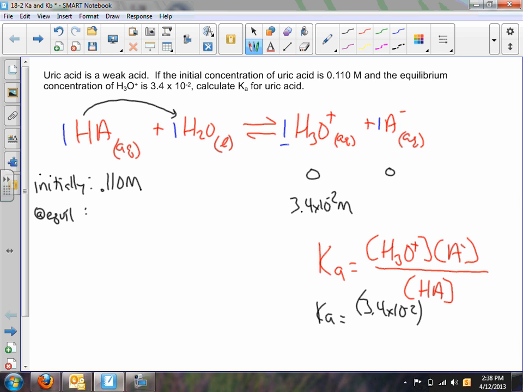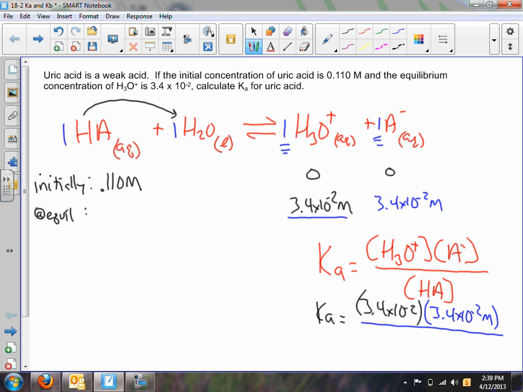So if my hydronium was 3.4 times 10 to the negative 2, the A minus should also be 3.4 times 10 to the negative 2 molar. It's a 1-to-1 ratio. So I actually know A minus at equilibrium as well.